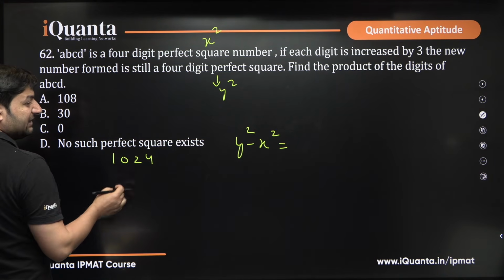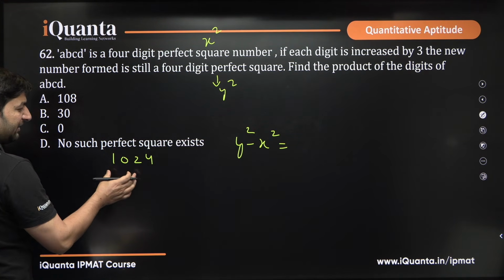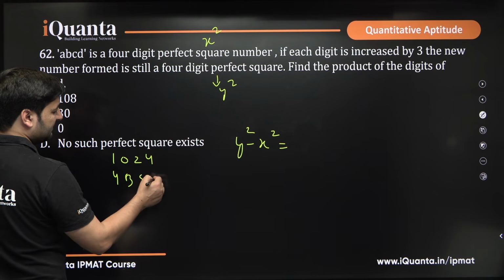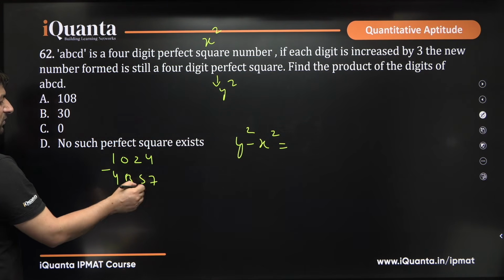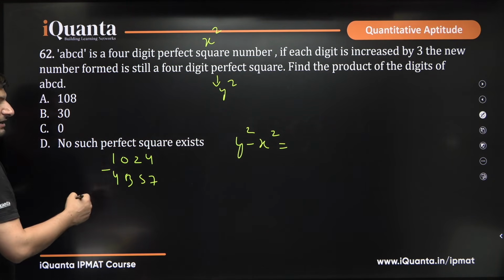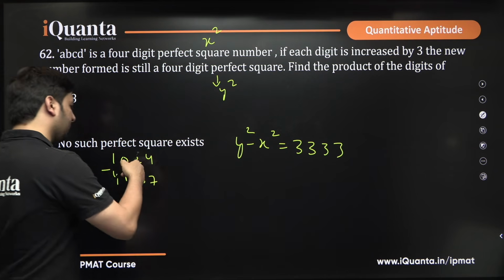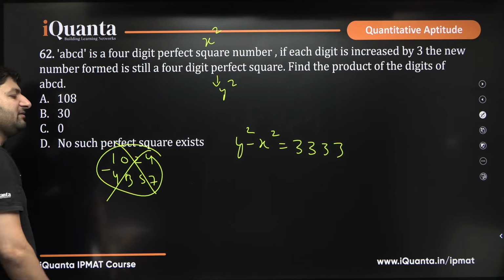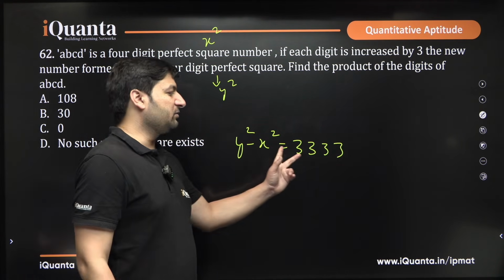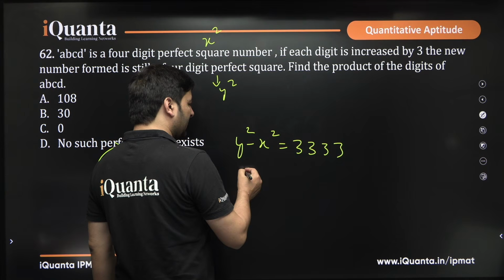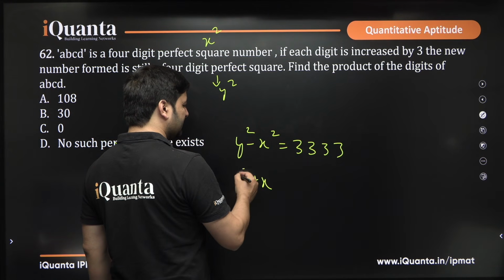If you increase each digit by 3, what will be the value you get? 4357. What is the difference between these two? Obviously 3333, right? So we know that there are two perfect squares having a difference of 3333 between them. Y square minus x square can be written as (y plus x) into (y minus x), obviously.